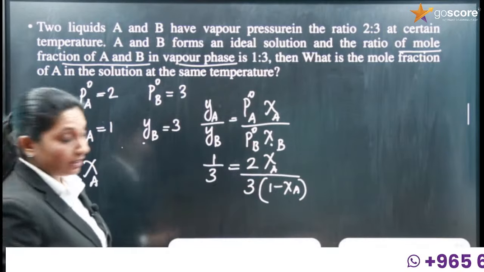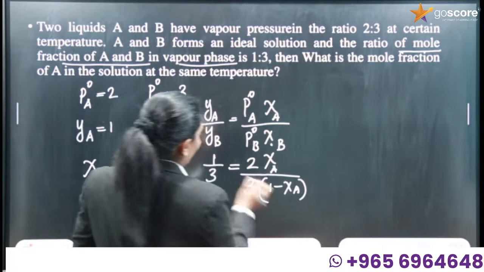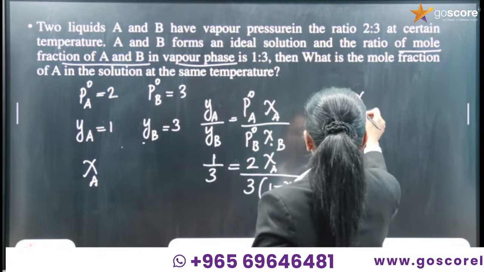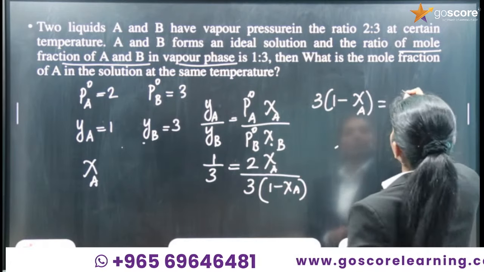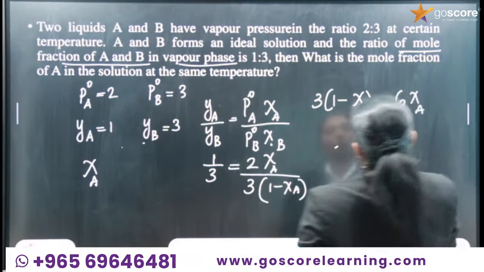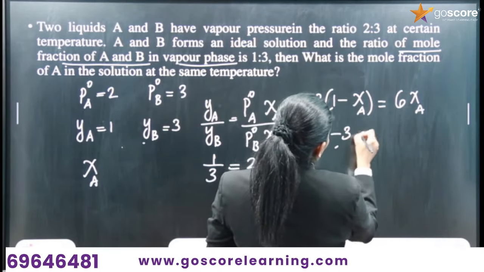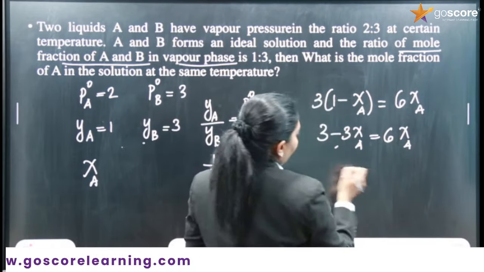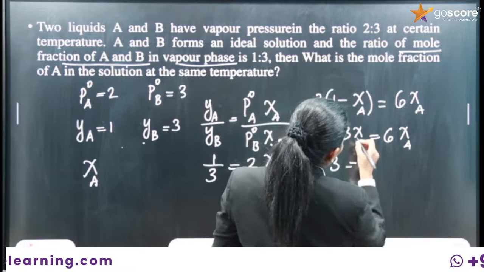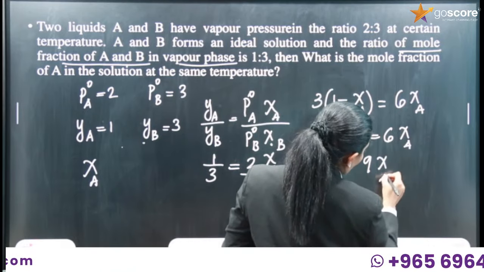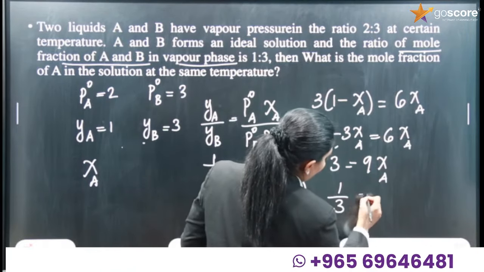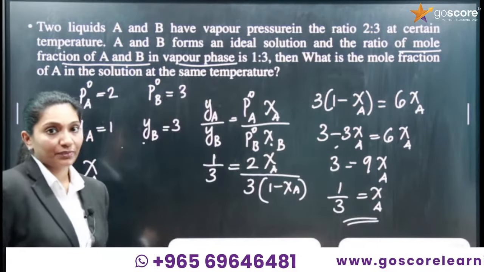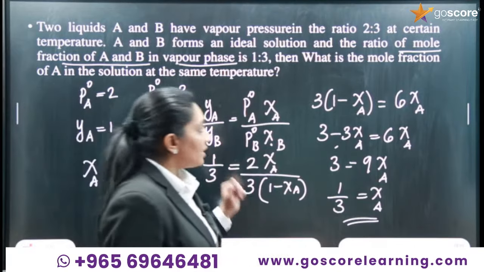Chi B, I can rewrite as 1 minus chi A. So after doing this, 3 into (1 minus chi A) is equal to 6 chi A. So 3 minus 3 chi A is equal to 6 chi A. I will get 3 is equal to 6 plus 3, 9 chi A. That is 1 by 3 is the mole fraction of component A. Right? So, this is the question.